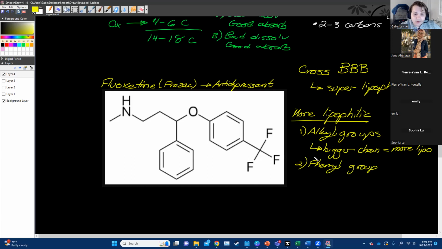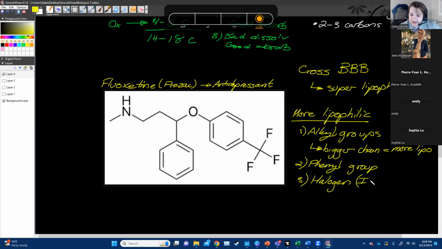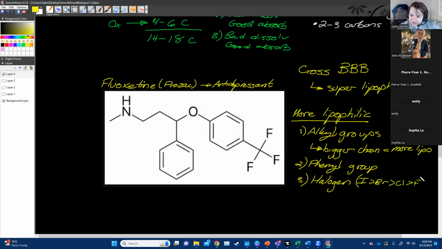So benzene rings are perfect ways of adding a ton of lipophilicity without changing the 3D shape necessarily. There's also some ideas about pi stacking and different stuff like that, but we're not going to focus on it. Likewise, halogens are very, very good. Iodine is more lipophilic than bromine, which is more lipophilic than chlorine, which is better than fluorine.